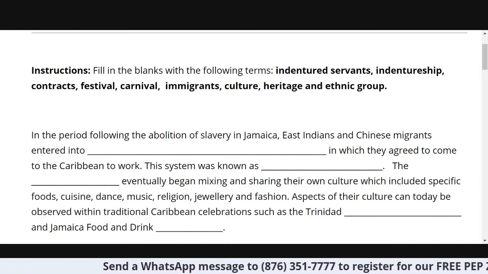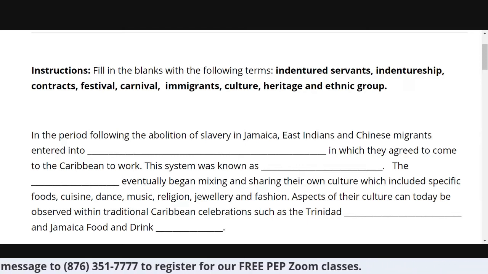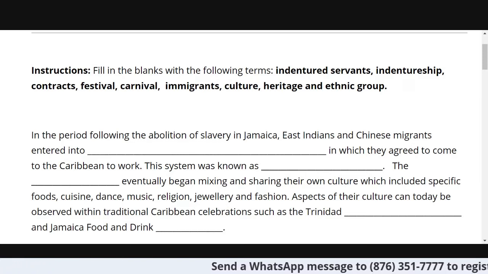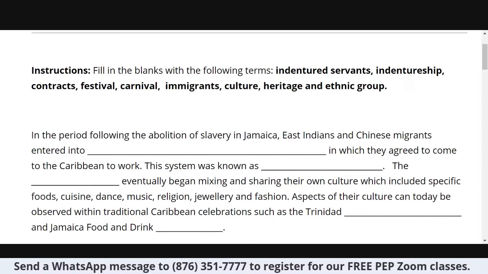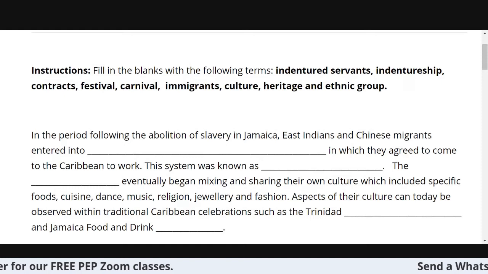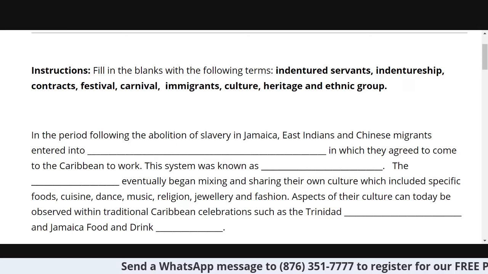You can just imagine, right? So the plantation owners entered into contracts with Chinese and East Indians, these indentureships. Those individuals came to Jamaica to work for pay and for lodging. There were times when they actually got land, or they got their passage paid to go back to their land of origin. So that's the background on the Chinese and East Indians in Jamaica.